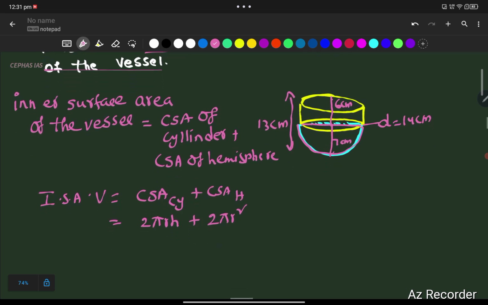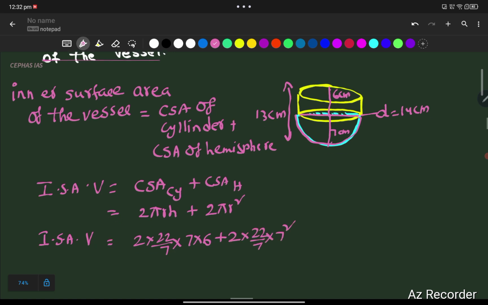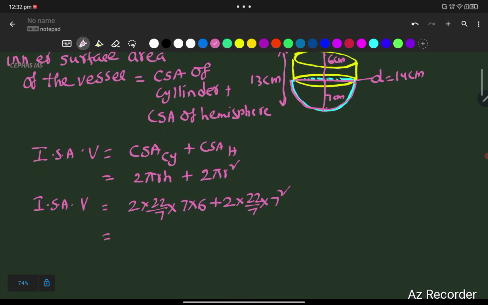We know the r value, we know the h value, and we know everything we need to find the inner surface area of the total vessel. Just substitute the values. Calculate everything. 7 will cancel each other.